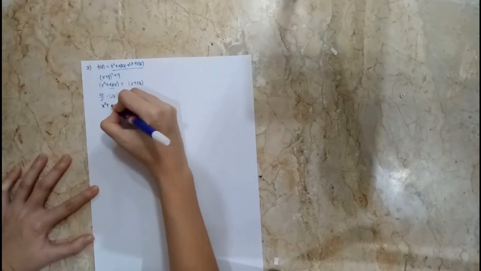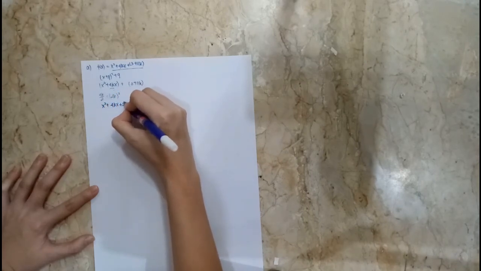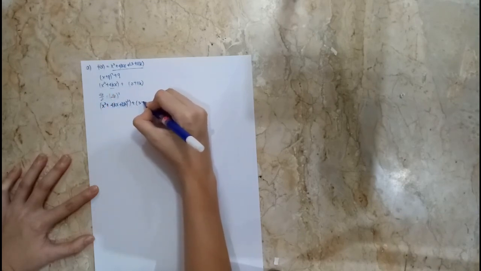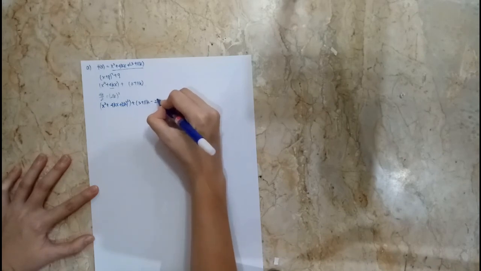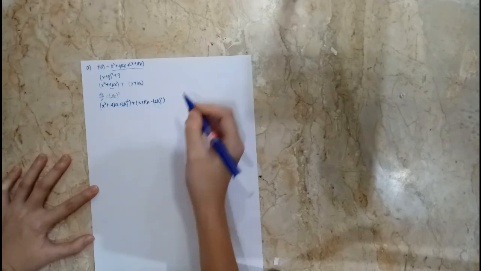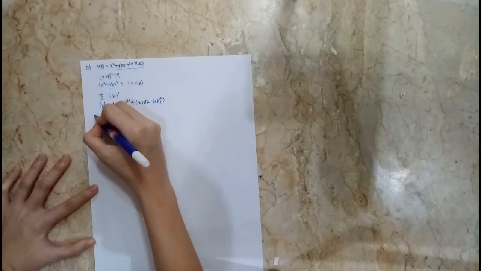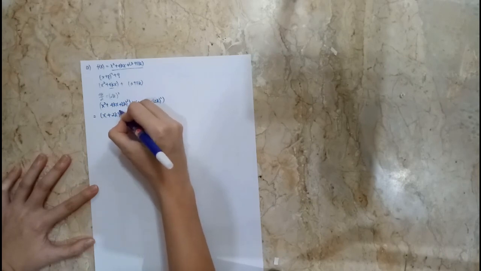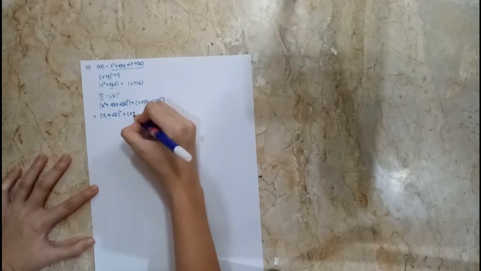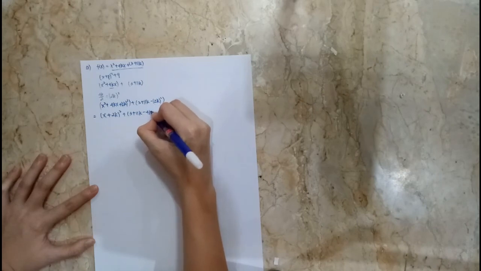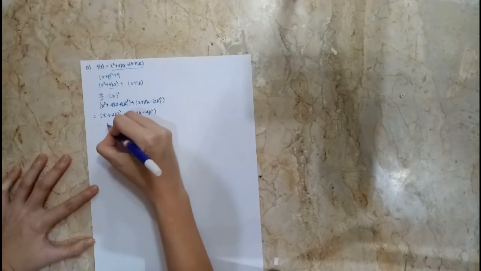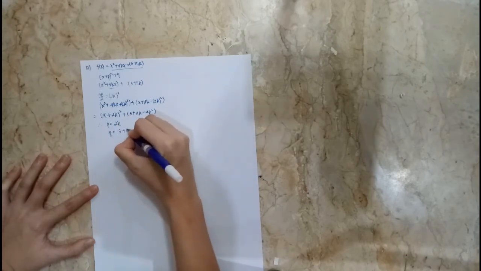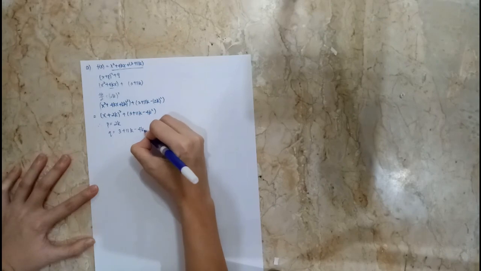So add (2k) squared to the first group, but don't forget to minus (2k) squared from the second group. So this will be equal to (x plus 2k) squared plus 3 plus 11k minus 4k squared. So therefore, p is equal to 2k and q is equal to 3 plus 11k minus 4k squared.